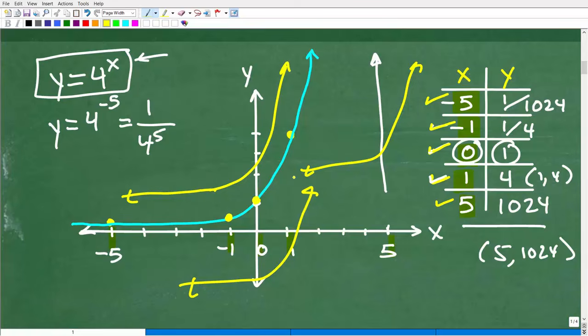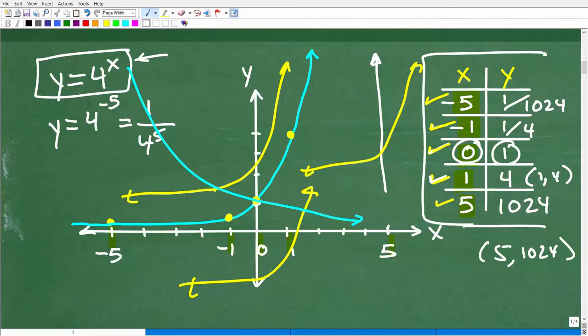These are all translations, or you even reflect this. So this is a whole other discussion. This is exponential growth. We haven't even talked about something called exponential decay, which basically works backwards. So there's a lot more to this topic that is beyond what I'm going to do in this video. Just remember the basic shape of the exponential function and how you can graph anything by creating these tables of values.